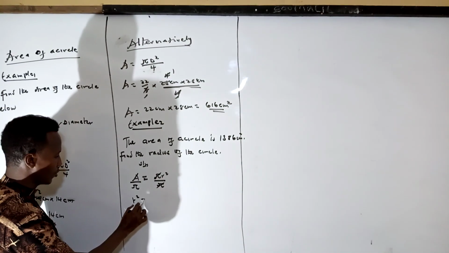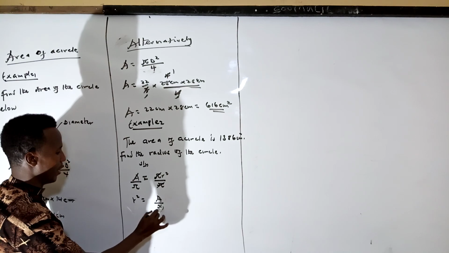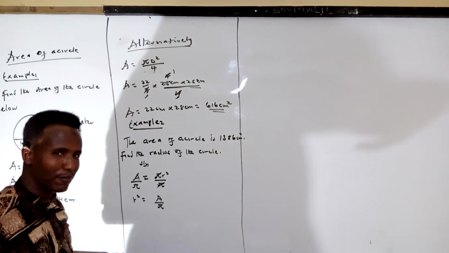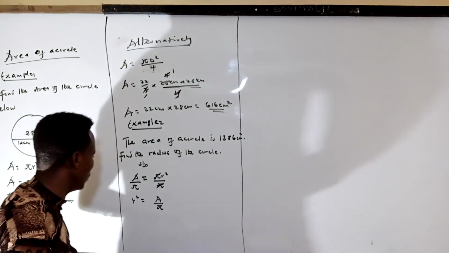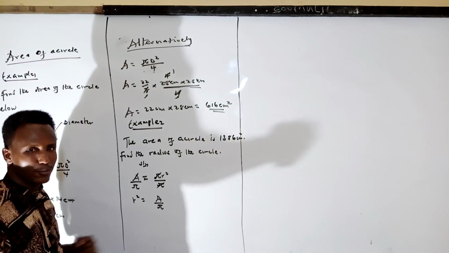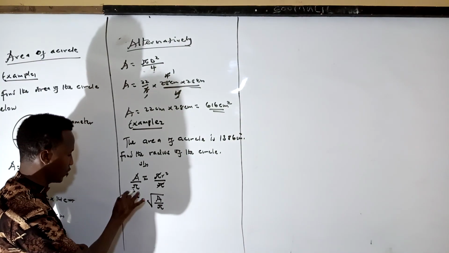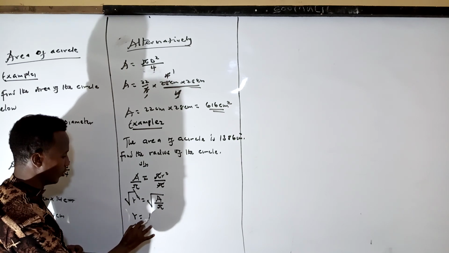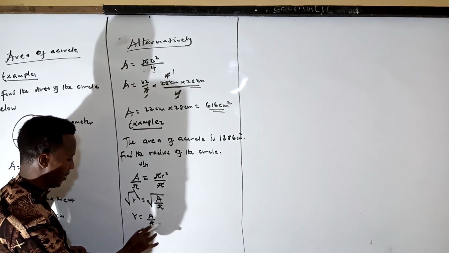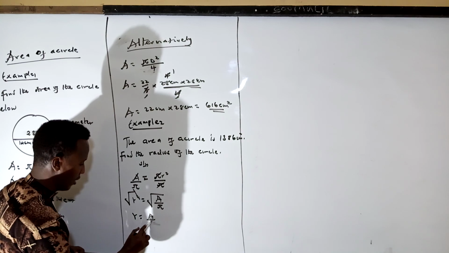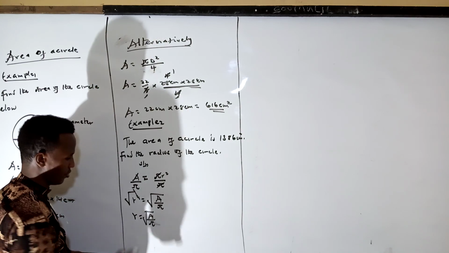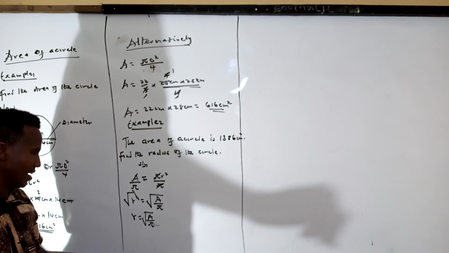So we have r² is equal to area over π. Remember, we're looking for r but not r². So what are we going to do? We will introduce a root sign on both sides of the equation. Introduce root here, here also root. Cancel these two. So r is equal to the square root of area over π. This is how we are going to get r.